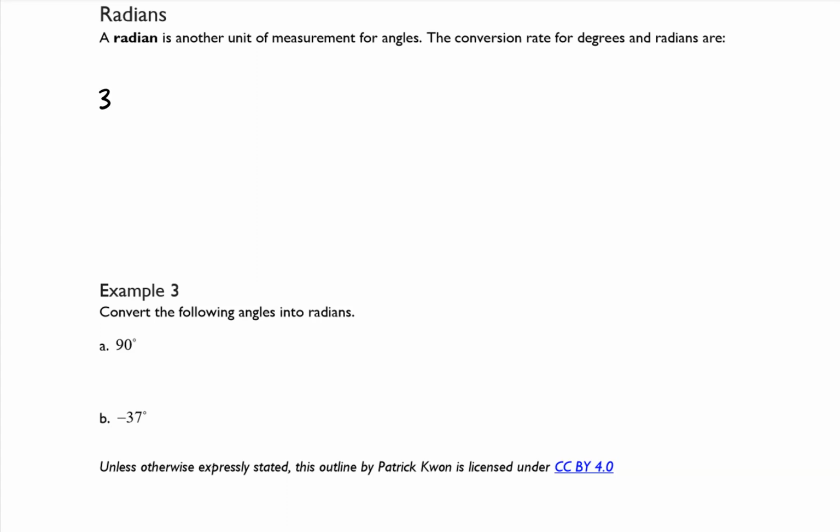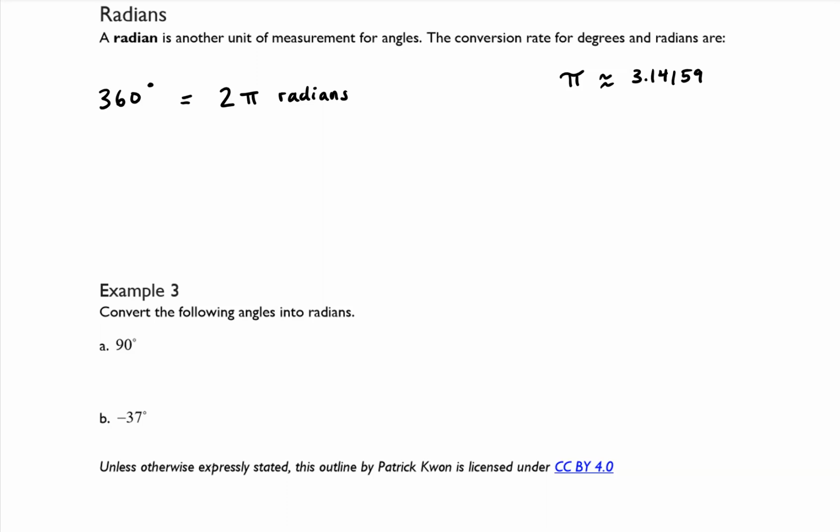Remember that a full rotation for a circle is 360 degrees, and in terms of radians, that is equal to 2 times pi radians. And remember, pi is an irrational number, and it's approximately equal to 3.14159, but those digits go on forever.